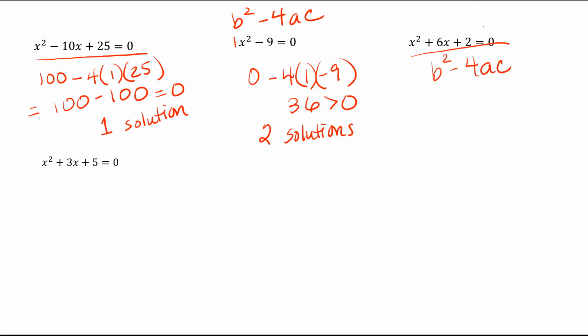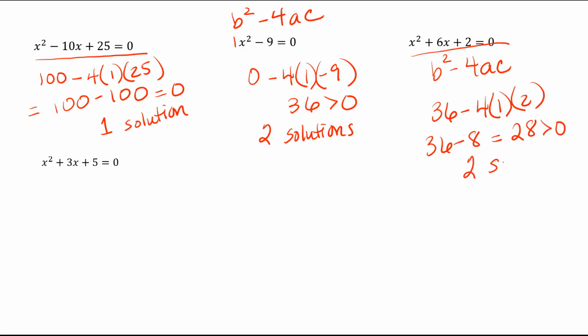B is 6, a is 1, 2 is c, so b squared is 36. 4 times a is 1, c is 2. 36 minus 8 is going to be 28. And so that is greater than 0. Therefore, this equation has 2 solutions, 2 real solutions. I'm sorry, I should have said that over here. 2 real solutions.